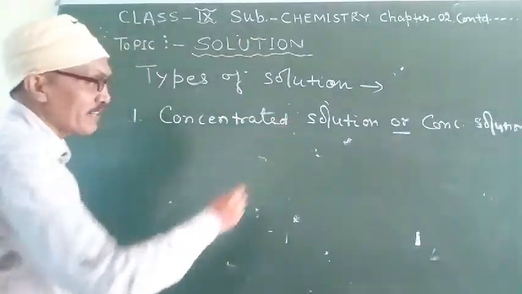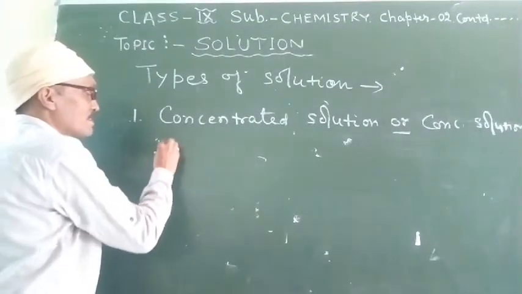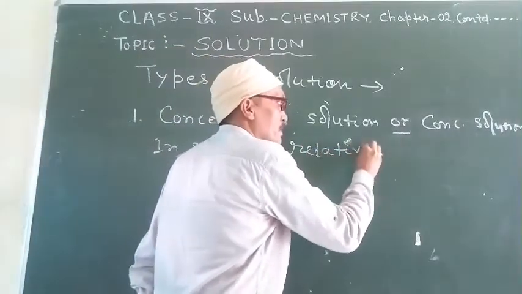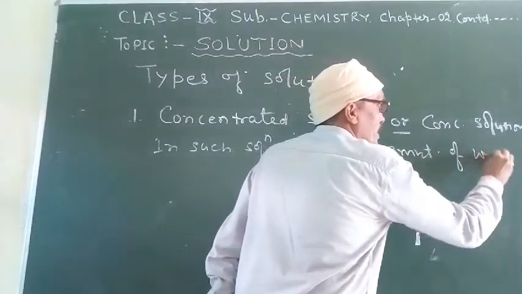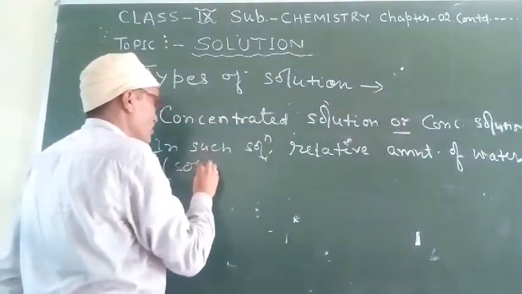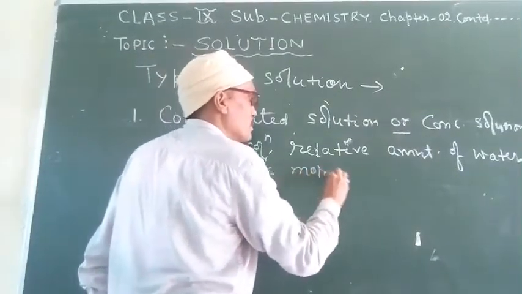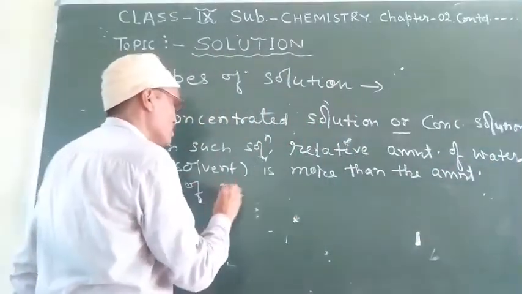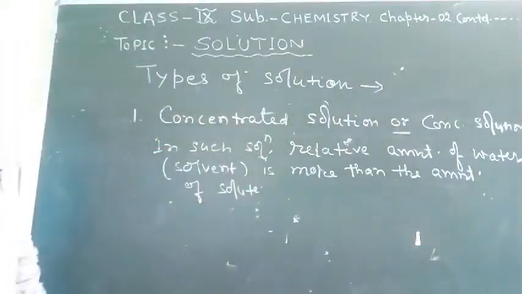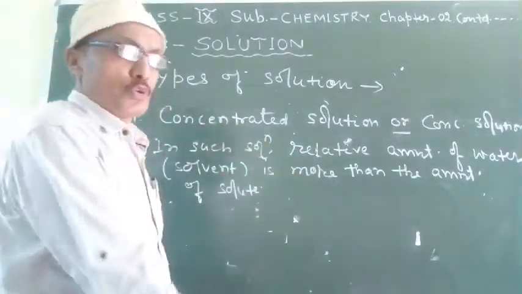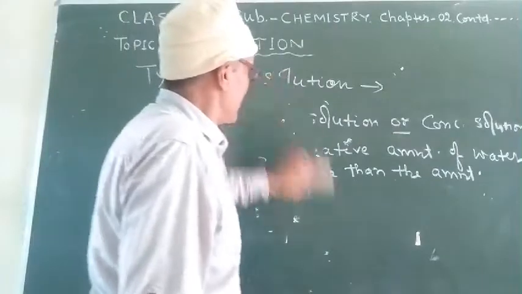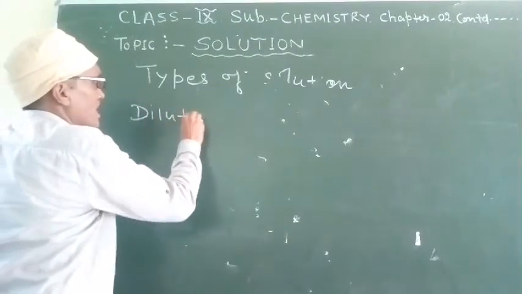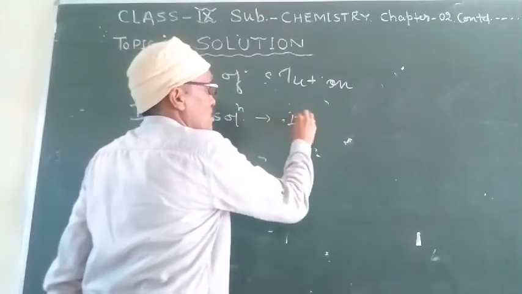So students, keep in mind, in a concentrated solution the relative amount of solute is more than the amount of water. Okay, right? And what is a dilute solution? Also keep in mind, in a dilute solution, the relative amount of water is more than the amount of solute.